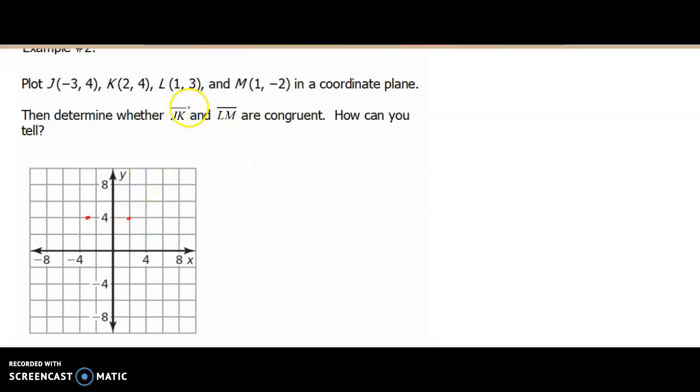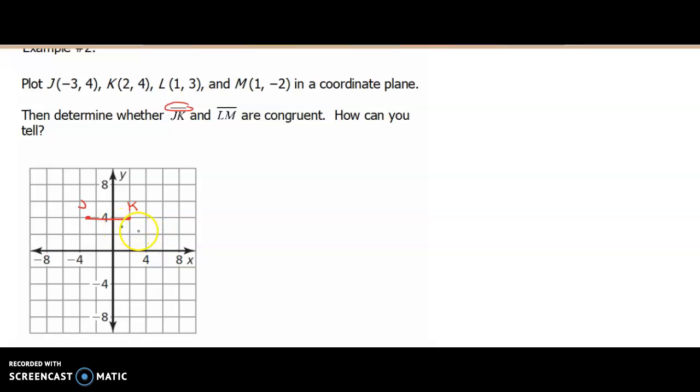Now notice JK is a segment. So this is J, this is K. Don't forget to put the points. There's my segment. So that right there is JK. All right, now let's plot L and M. So L is at 1, 3, so about here. Notice this is going by 2s.